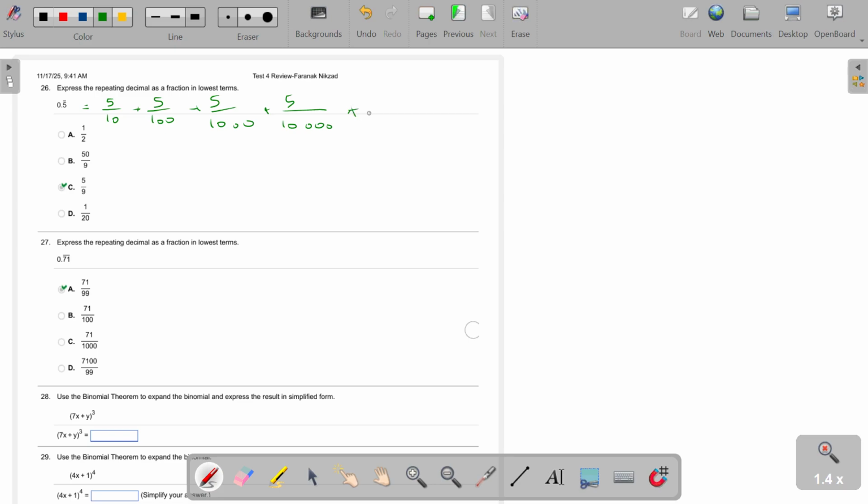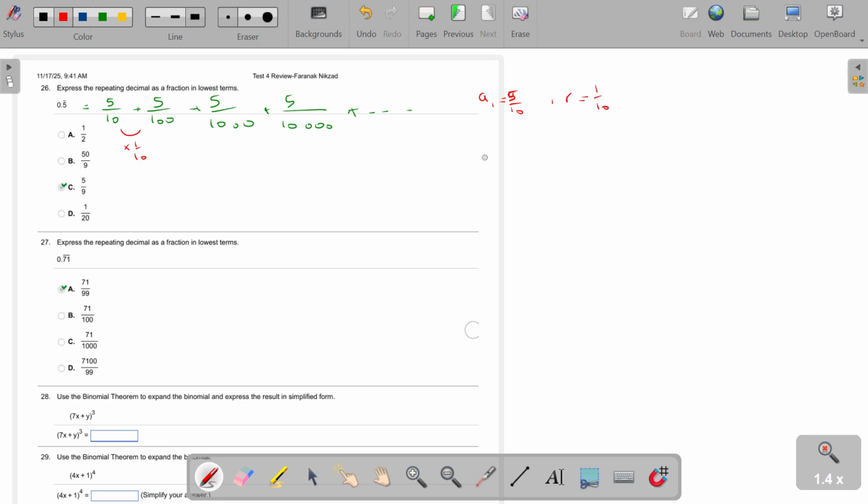As you see, each term is multiplied by 1 over 10. So I see that I have a geometric sequence, an infinite geometric sequence. A1 is 5 over 10, and R is 1 over 10.